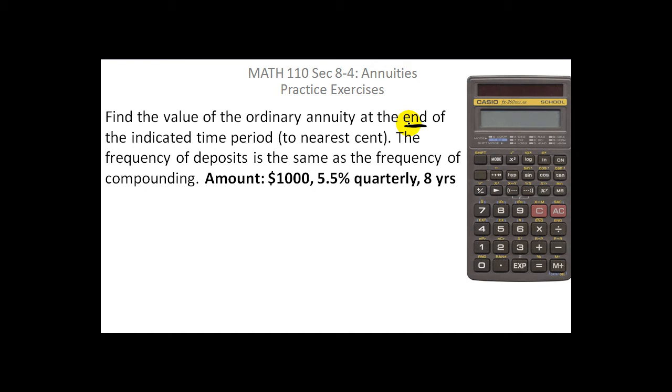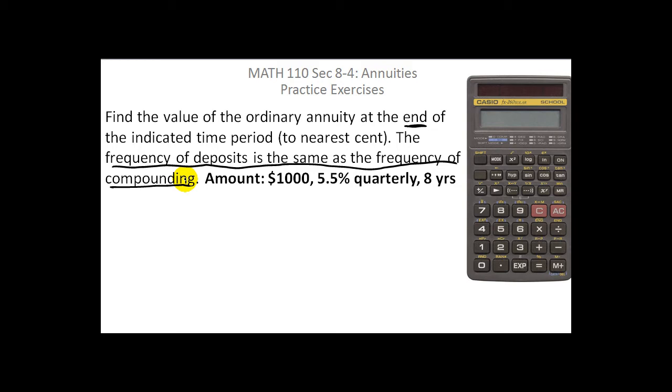You deposit at the end of a compounding period, and the frequency of deposits for an ordinary annuity is always the same as the frequency of compounding. So they're just emphasizing what an ordinary annuity is, but since that's the only type of annuity that we're dealing with, that's not going to cause you to get or miss a problem, because all our annuities will be ordinary annuities.